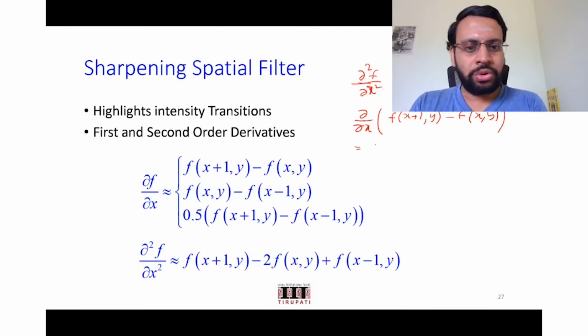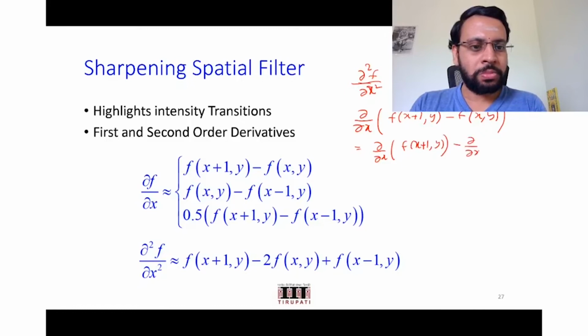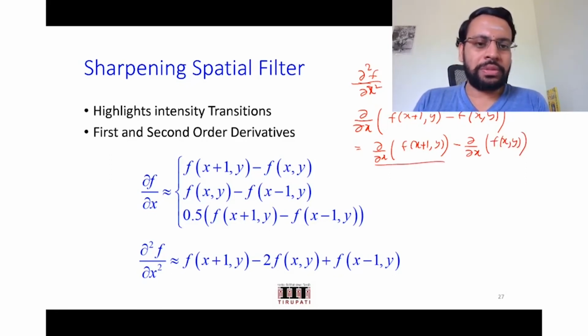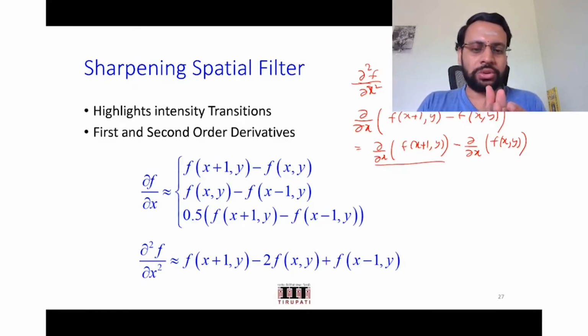Now how could you write this now? Dou by dou x of f of x plus 1 comma y minus dou by dou x of f of x comma y. Now for a given pixel, let's try to restrict to the extent possible to just x plus 1 and x minus 1.